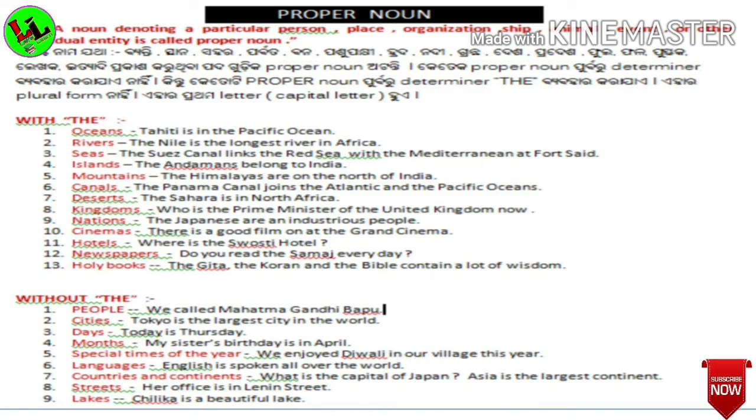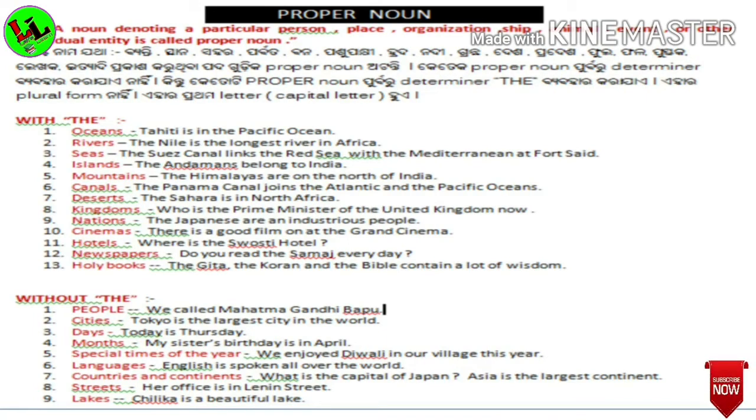The Nile is the longest river in Africa. The Nile is the name of a river. Then seas, before the names of seas. The Suez Canal links the Red Sea with the Mediterranean at Port Said. Then before the names of islands. The Andamans belong to India. The Andamans is an island in India.